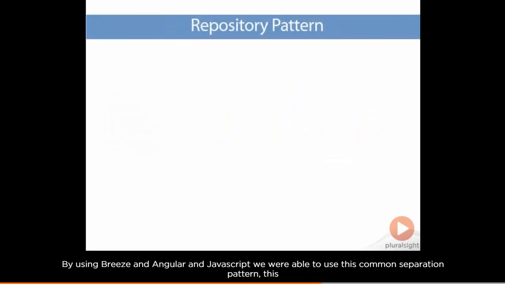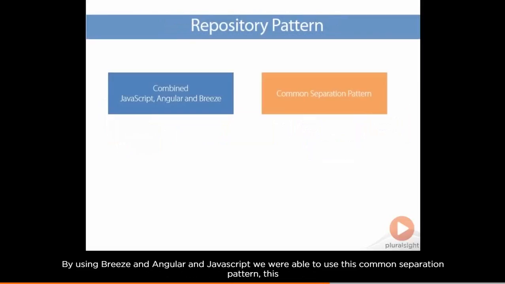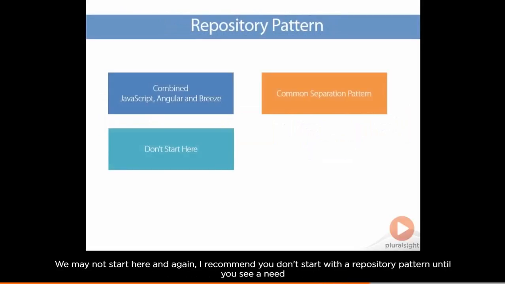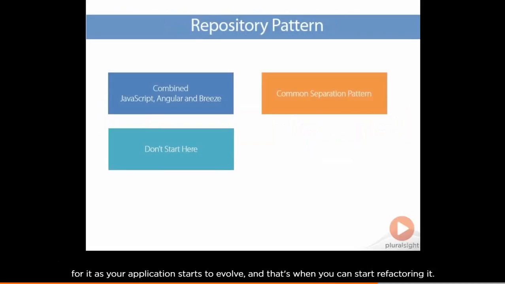And by using Breeze and Angular and JavaScript, we were able to use this common separation pattern, this repository pattern, to help evolve our application. And this will make it easier to maintain and test. We may not start here, and again, I recommend you don't start with the repository pattern until you see a need for it as your application starts to evolve. And that's when you can start refactoring it.